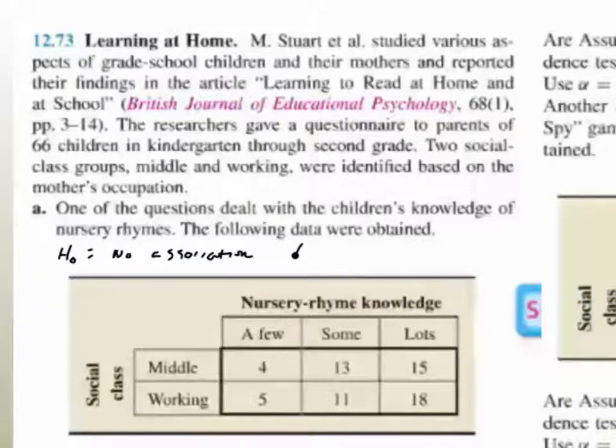And then the alternative would be that knowing social status would give you some information. It would help you guess what the nursery rhyme knowledge of the children was. Dependence of the variables.